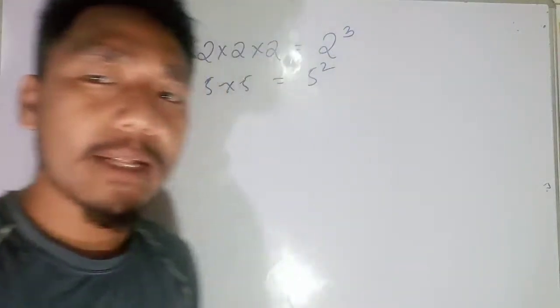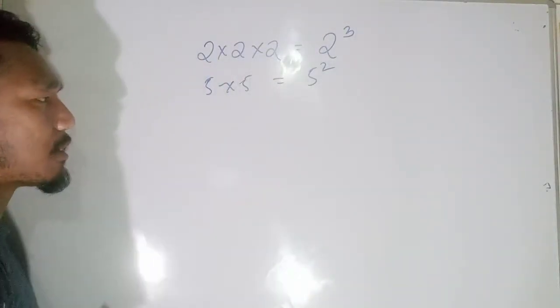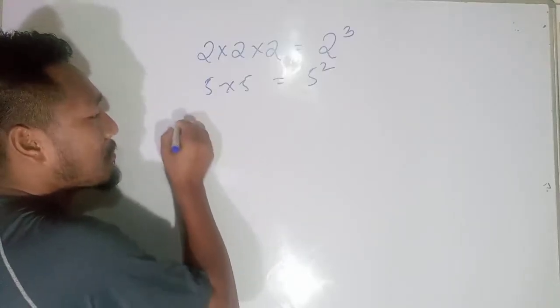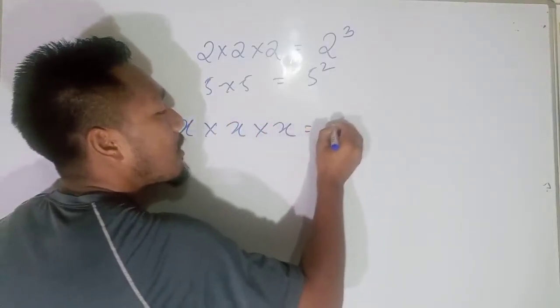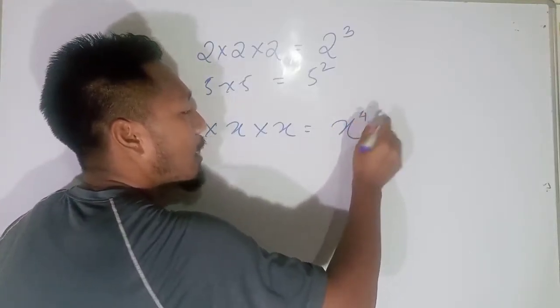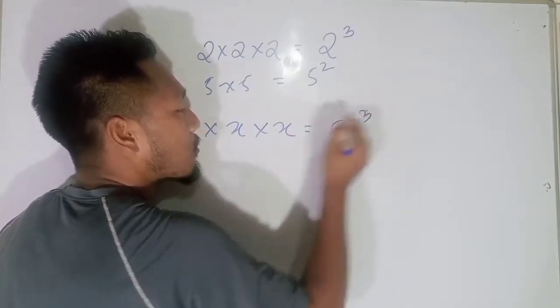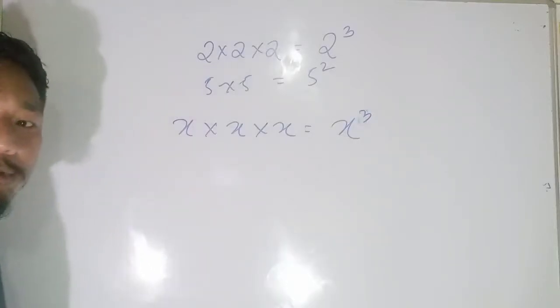But what if in an algebraic expression the variables are multiplied again and again? What will be the expression? x into x into x. Then what shall we write? x to the power 3.